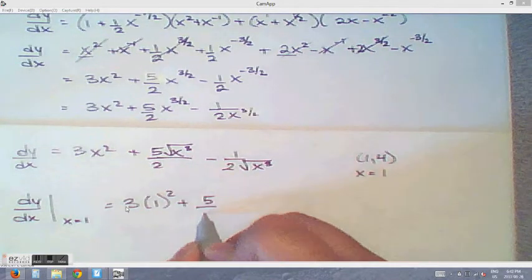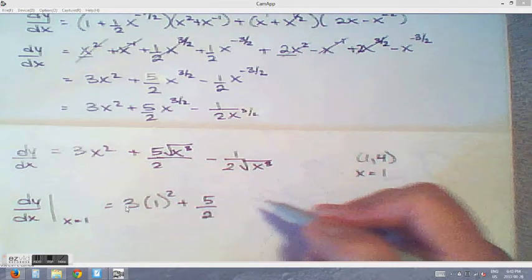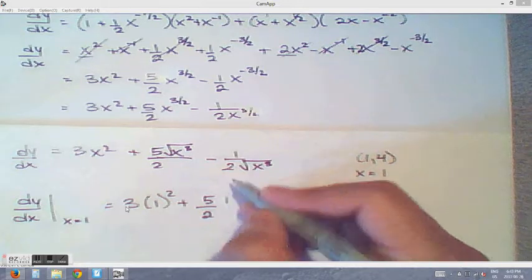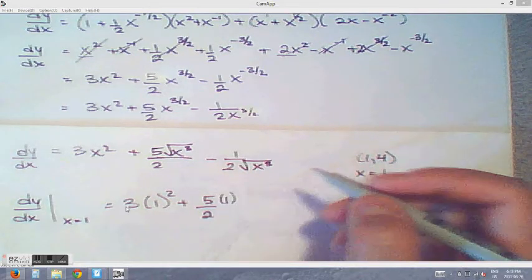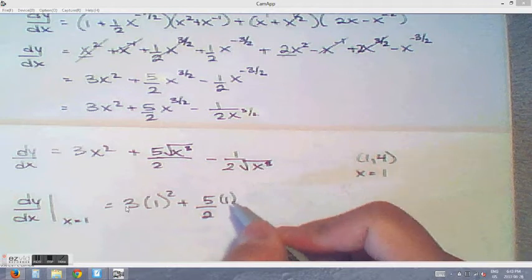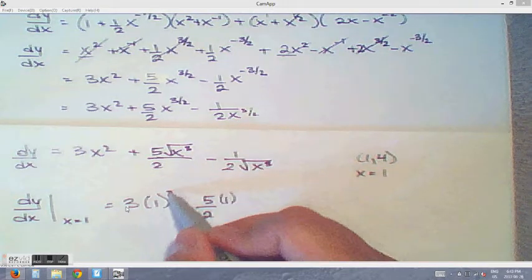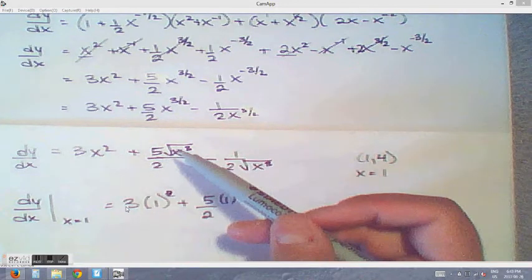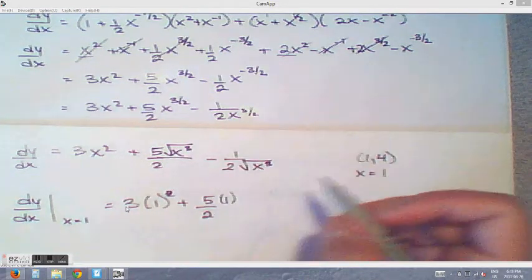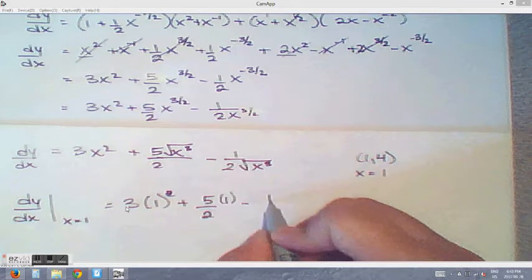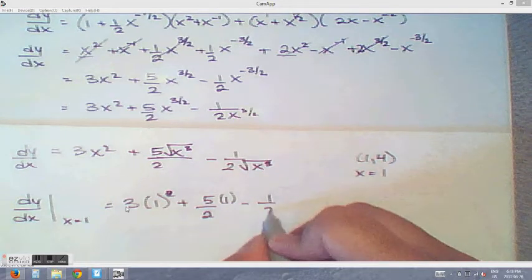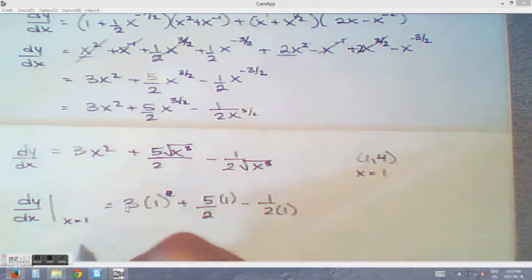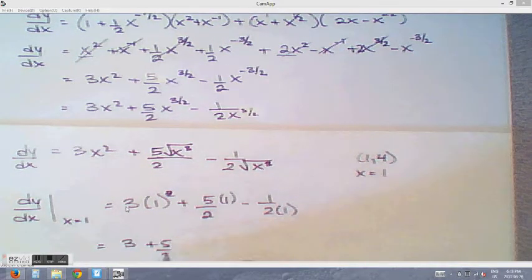You can see I didn't necessarily need to simplify, but we did it just for practice anyway. That just works out to be 1. This also works out to be 1, because 1 squared is 1, and that works out to be 1 as well. So there we go, 1/2 times 1. So we have 3 plus 5/2 minus 1/2.